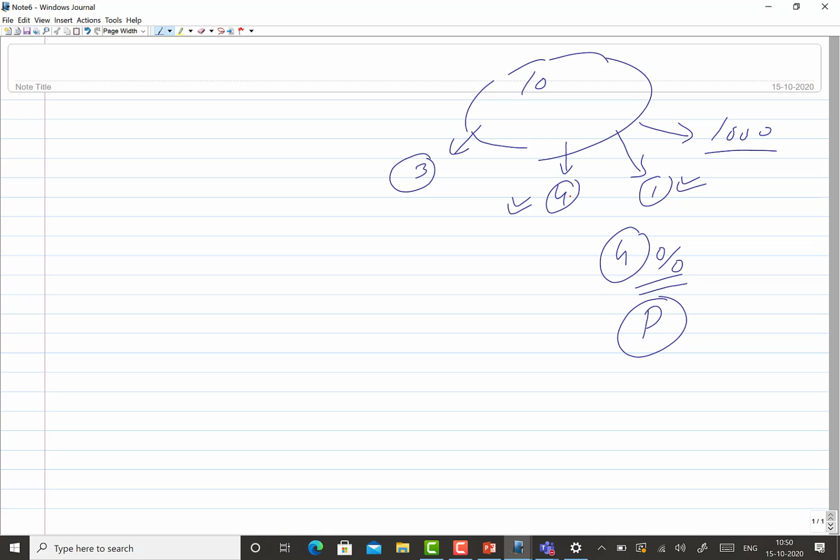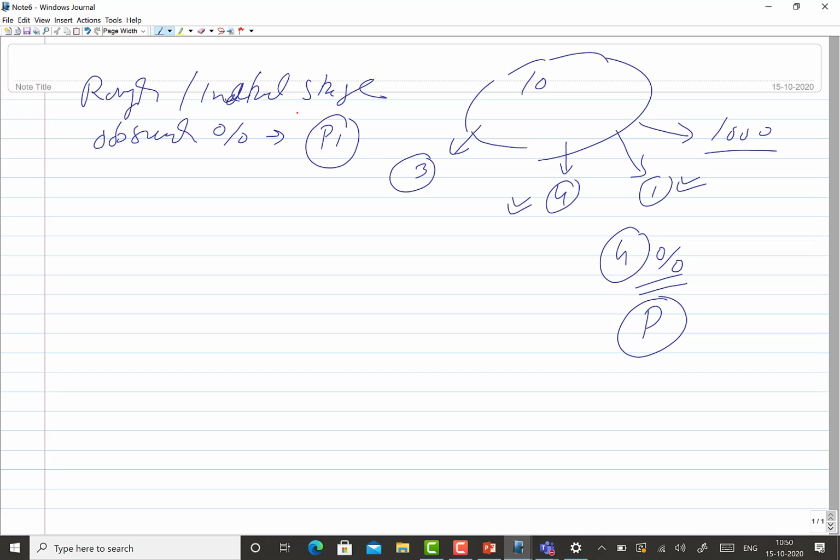So what is done? This rough or initial stage observation percentage is indicated as P1.